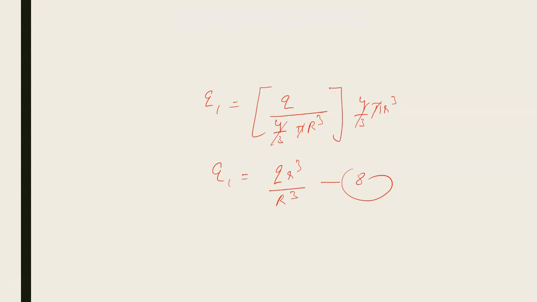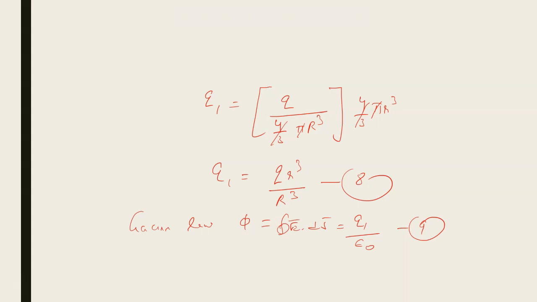Now according to Gauss law, flux is equal to the integral of E dot dS equals Q1 by epsilon naught. Equation number 9. Now comparing equation 5 and equation number 9.